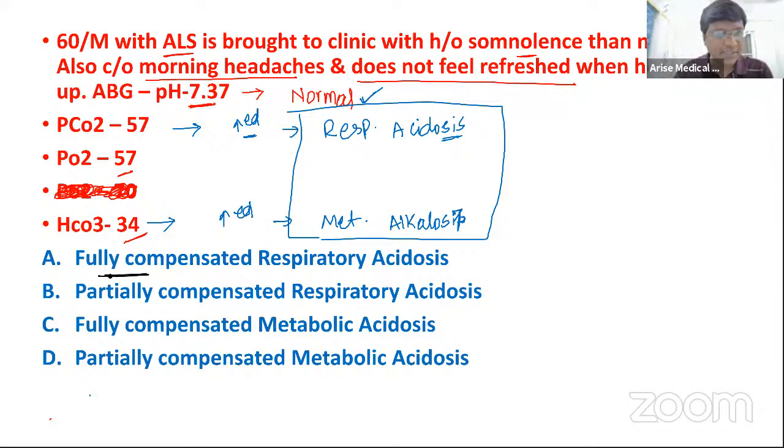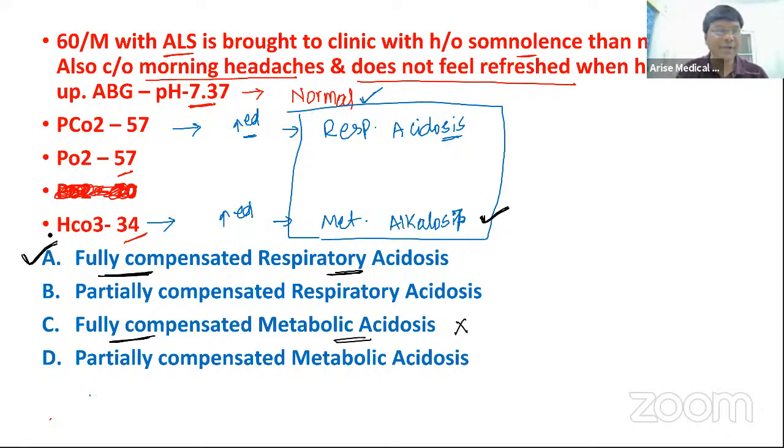Now we have two options with fully compensated. One is your option A and the other option is C. Now they will not have metabolic acidosis. What the patient has is metabolic alkalosis and respiratory acidosis. So what is the answer?